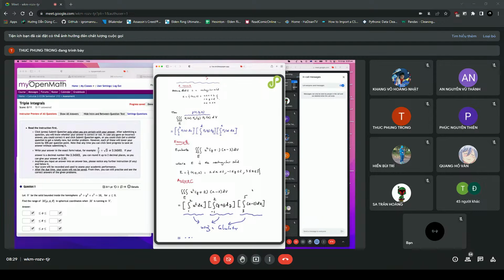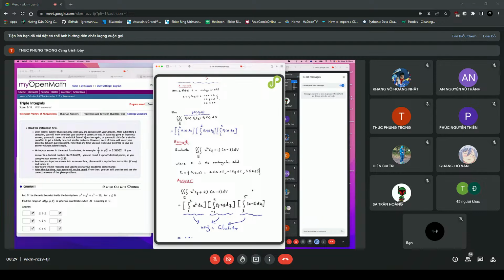In this question, we need to give the setting for rho, phi, theta. The domain we have is the solid inside this hemisphere. You can see first the range of phi. So let me try to give you the answer to this question.